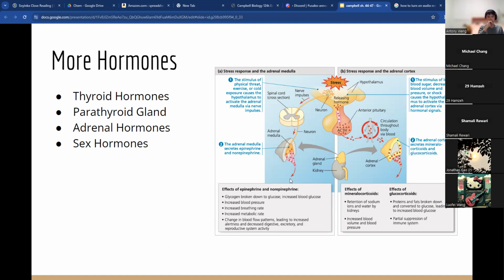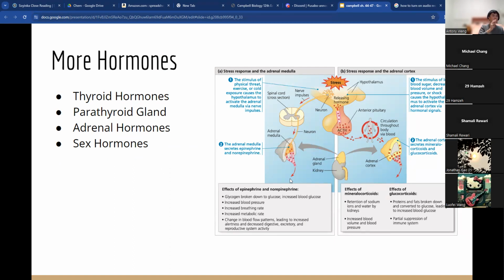Calcium is an important neurotransmitter. It's an important ion for many different systems. I mean, you can think of it like all cells have a sarcoplasmic reticulum, and that's where you store calcium. So parathyroid hormone is very important.